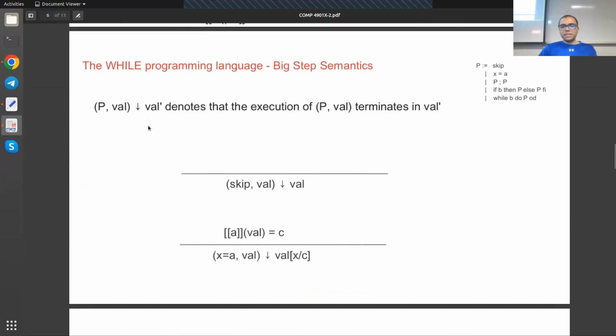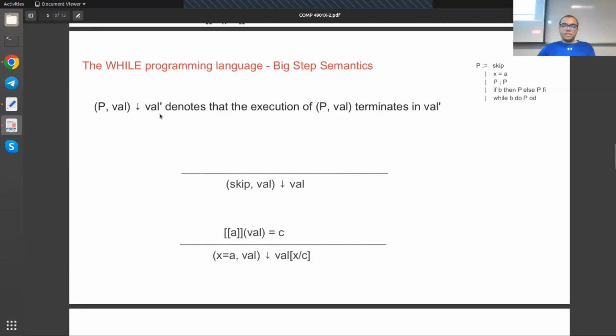And we also defined big step semantics. And remember that big step semantics was with this down arrow thingy. And basically, whenever I wrote something like this, that if I start with valuation val and I run the program P, it will terminate, and it will terminate in valuation val prime.